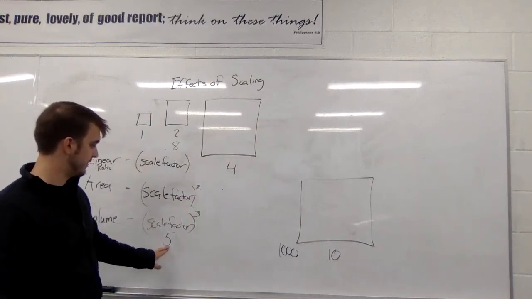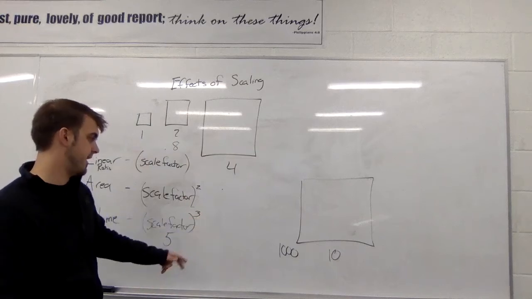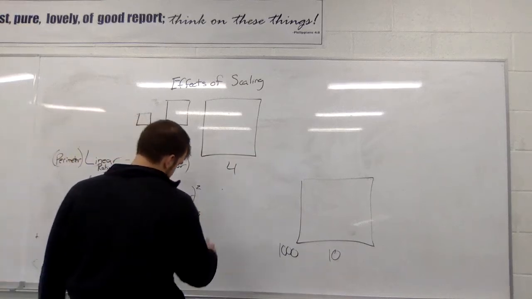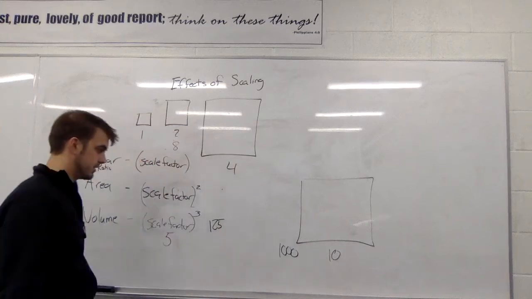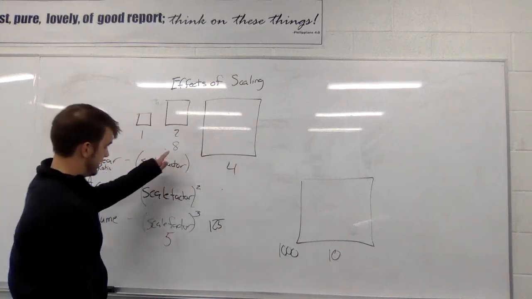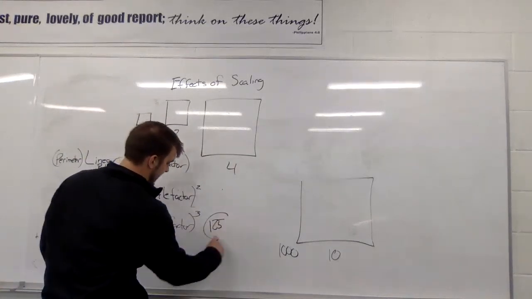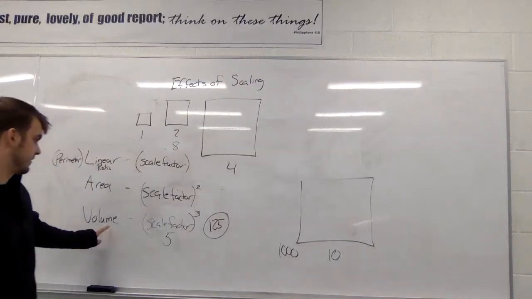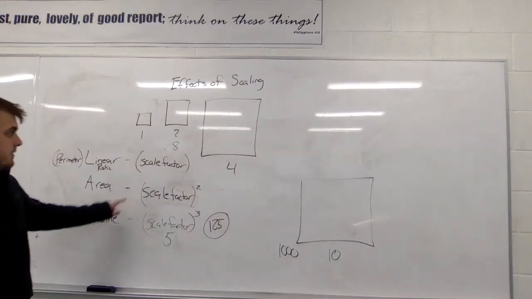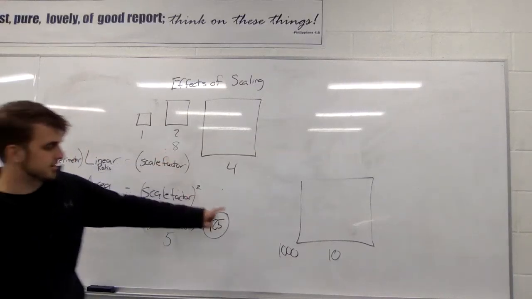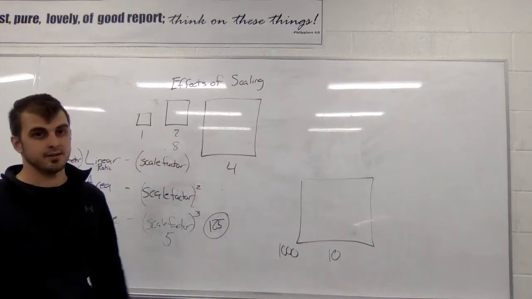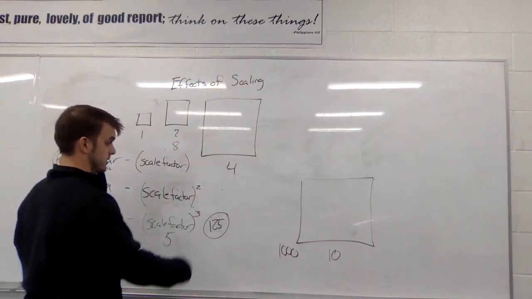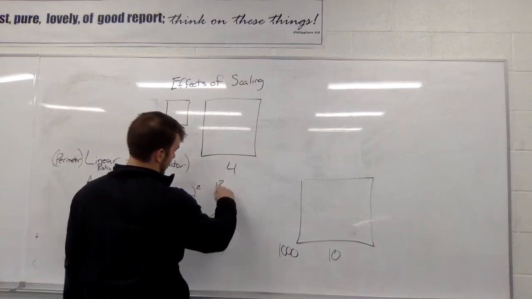So your scale factor is 5. 5 cubed. 5 times 5 times 5 is what? It's 125. So what this is saying is that the ratio of the volume from this number to this number is times 125. That is your scale factor for that. So you can actually do that. 8 times 125.